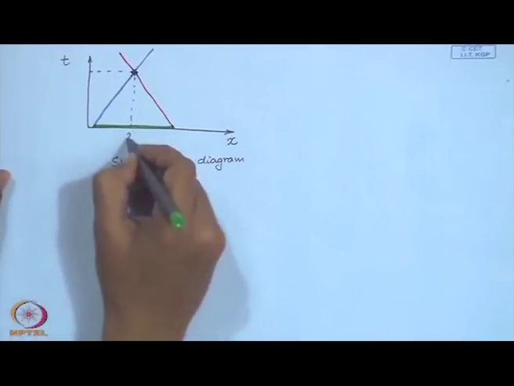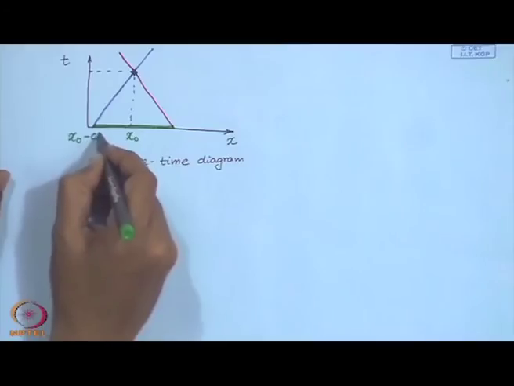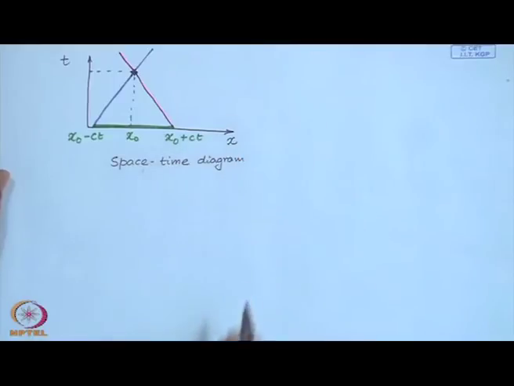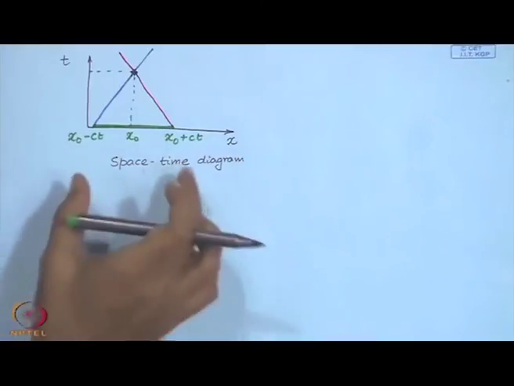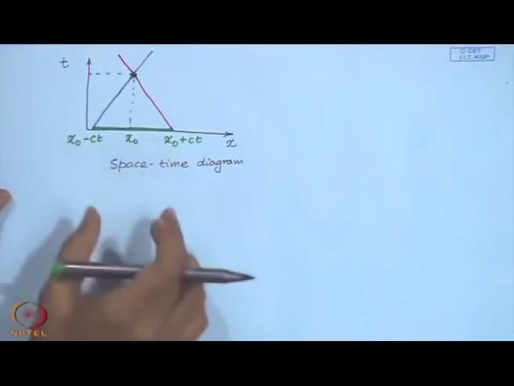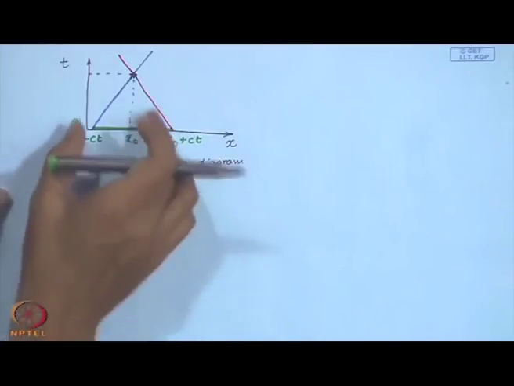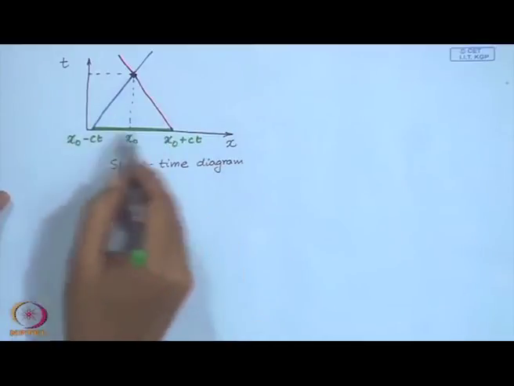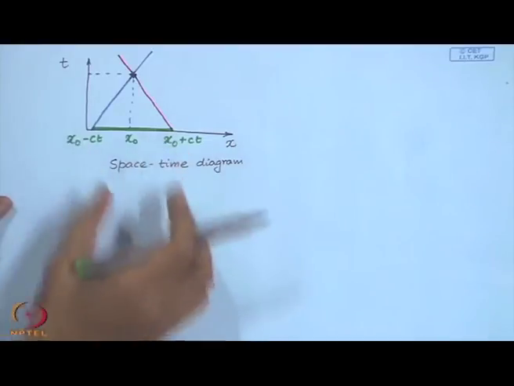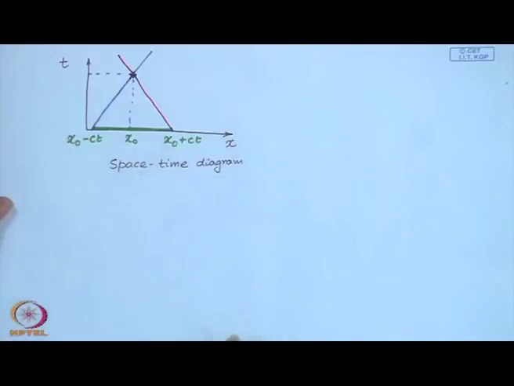So, if this is x0, then this is x0 minus ct to x0 plus ct. When we solve the initial value problem in terms of propagating waves, we will find that the solution at this point is dependent upon the initial conditions specified in this interval, not what is outside this interval.